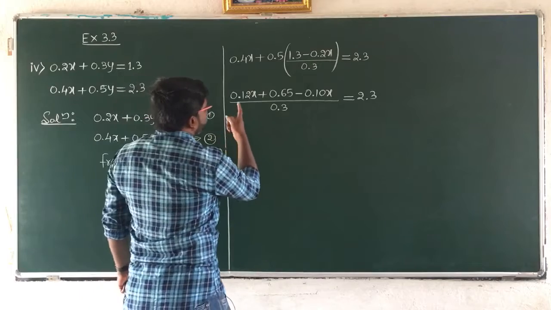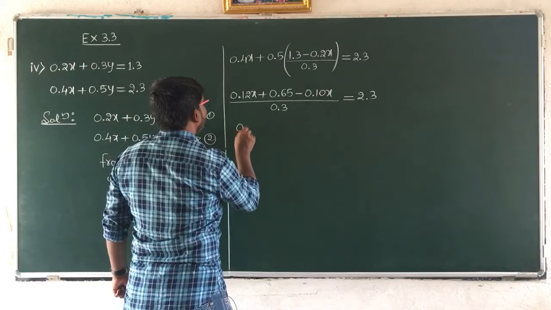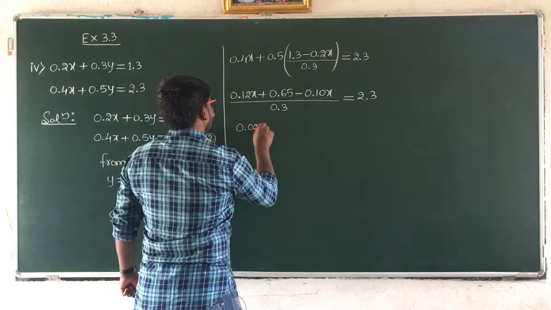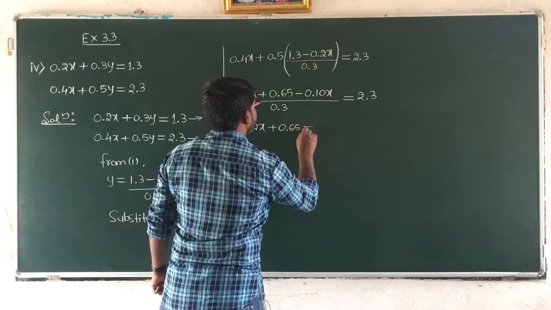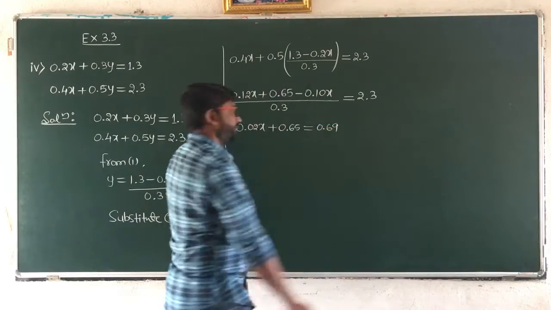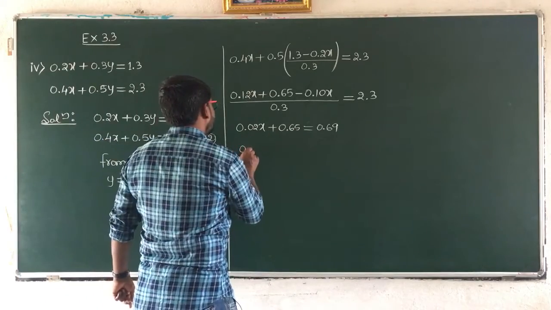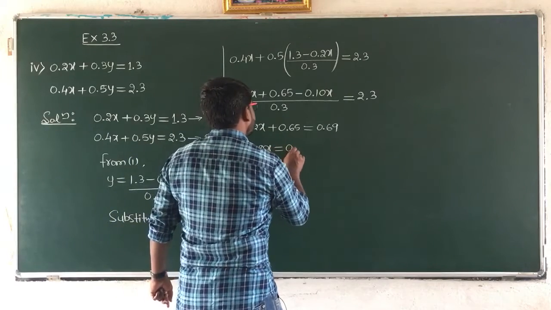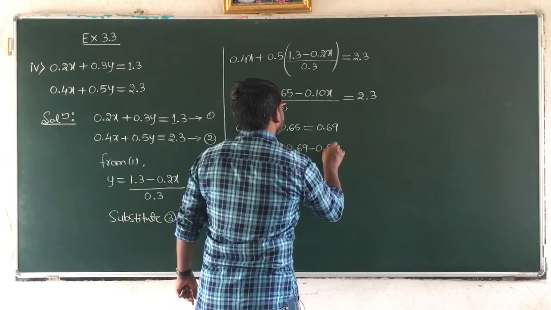Now see here, 0.12x minus 0.10x gives us 0.02x plus 0.65, which equals, so multiplying these two, we get 0.69. Now take this to the RHS: 0.02x equals 0.69 minus 0.65.